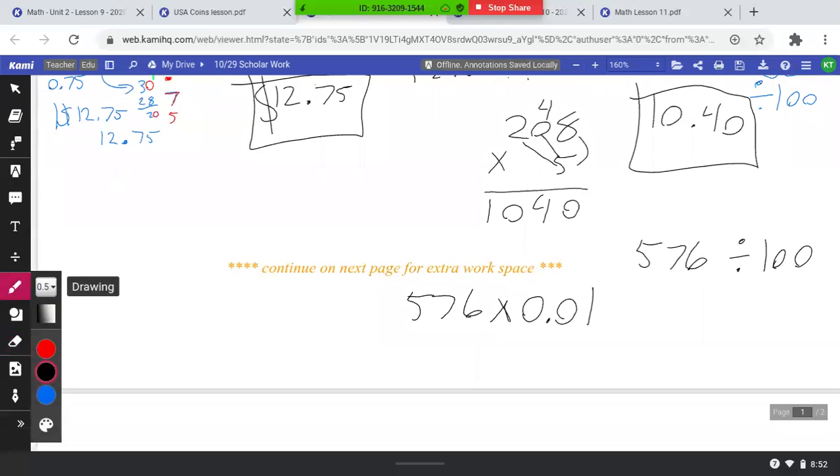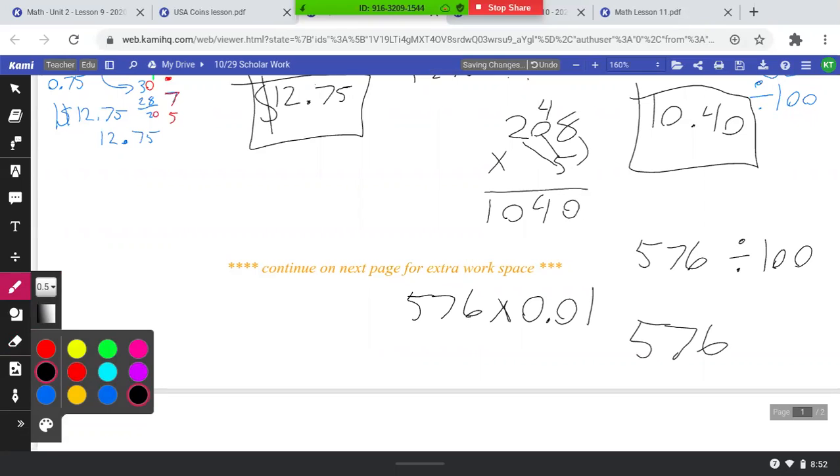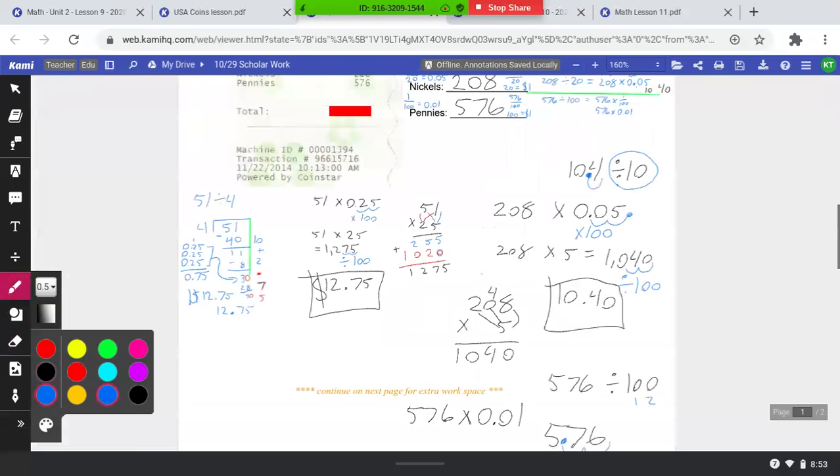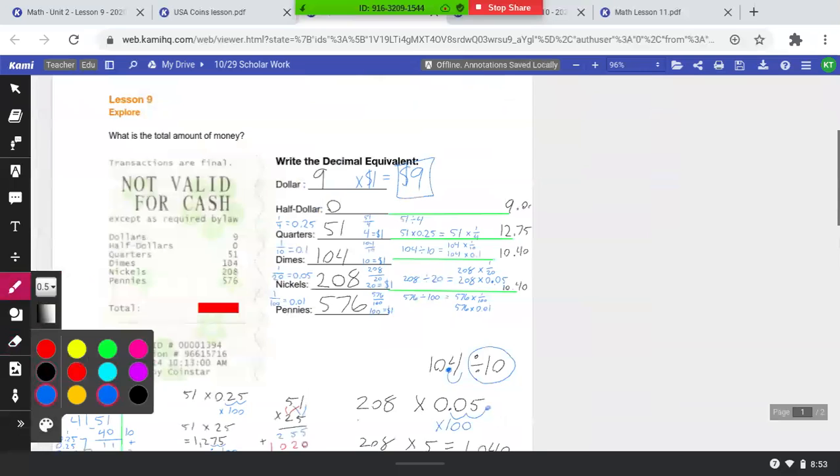Either way, we are moving that decimal point. We are decreasing our place value 2 places, 1, 2. So we have $5.76.